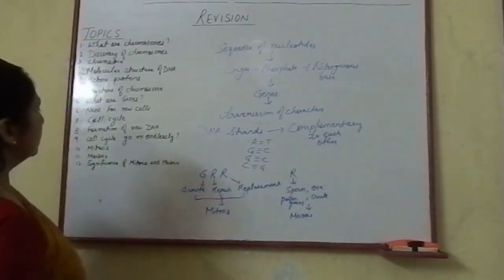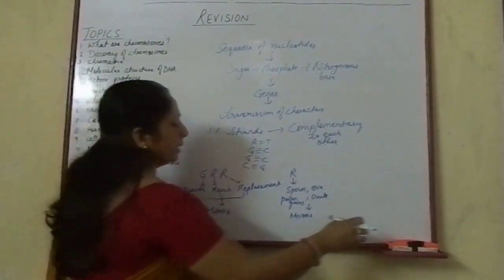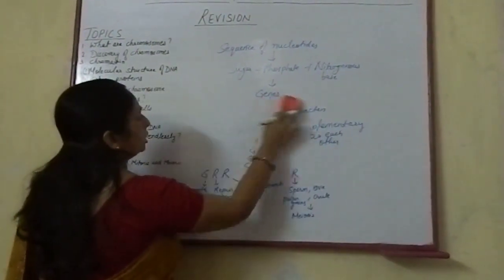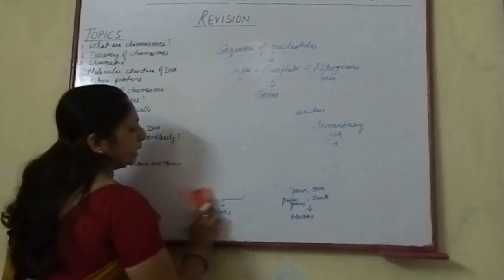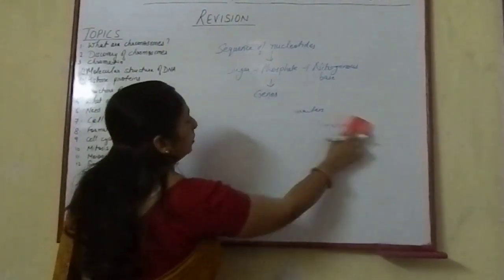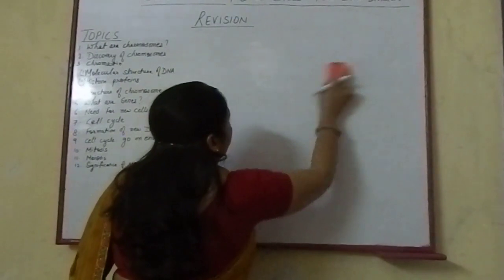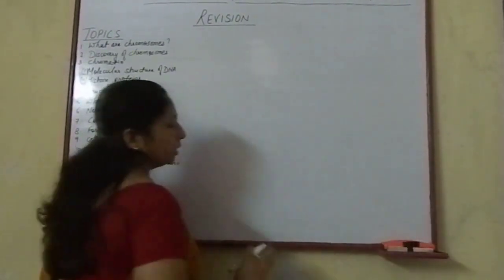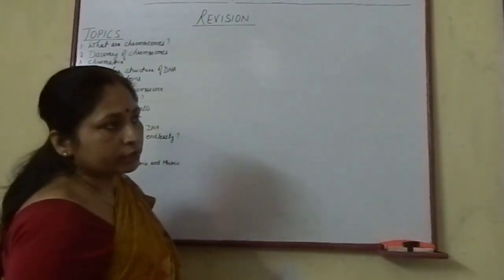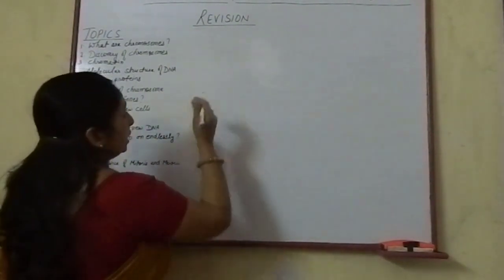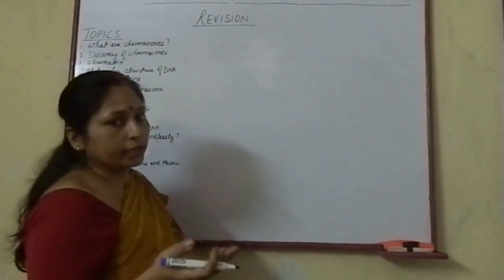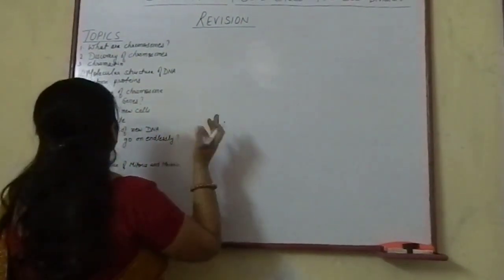Next topic is the cell cycle. Cell cycle is a sequential arrangement of the steps that take place during the process of cell division or the cell before it. All the steps, whether of the cell division process or the resting stage, altogether the sequential arrangement is known as the cell cycle.